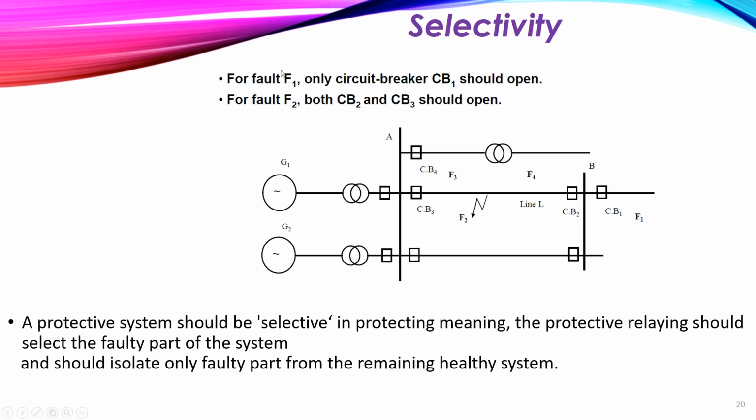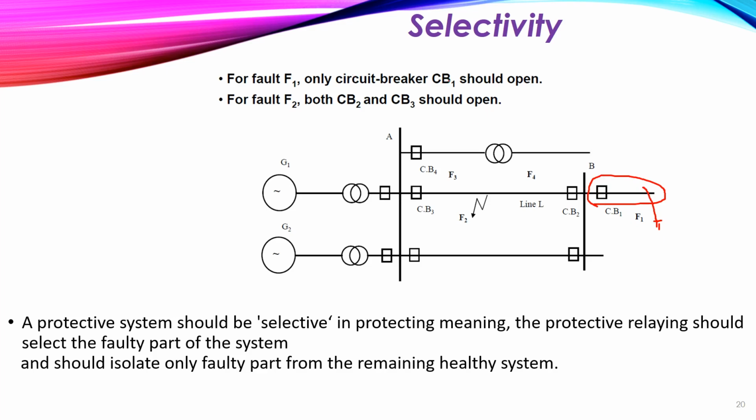It means that if we have a fault at F1 here, the relay related to circuit breaker number 1 should only isolate the faulty part. If a fault occurred here, it should only operate and isolate the fault here. So here we are isolating the faulty part from the remaining system.